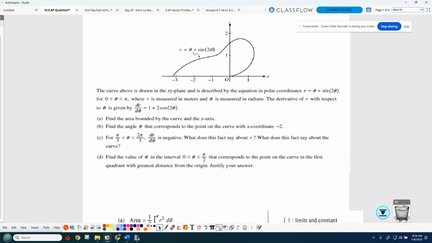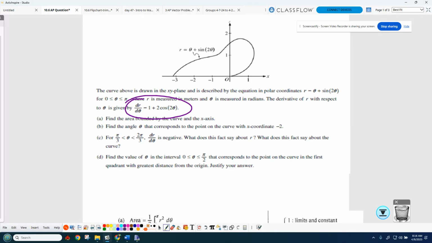The distance from the origin is what equation? We need to find the maximum. How do we find maxes? A maximum of what? Of r. So you set the derivative equation to 0 to find the critical points and then test it on r. Okay, perfect.